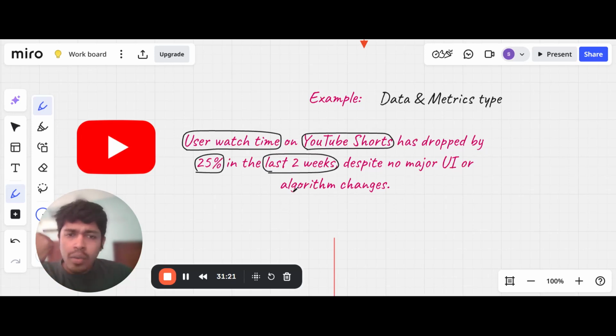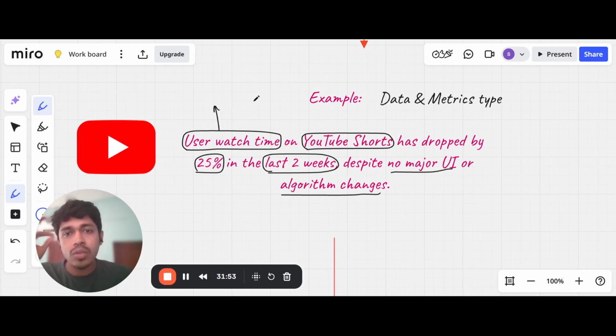Regarding this no major UI and algorithm change, you can take a note of this, but actually, this is more of a data point, right? They are giving us data that, okay, this is not about UI or algorithm. You can think of anything else. That's what it means, right? The keywords are these four items. Now we need to define these keywords, right? Understand these keywords so that the scope of the question itself will reduce.